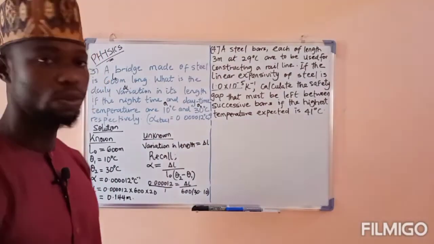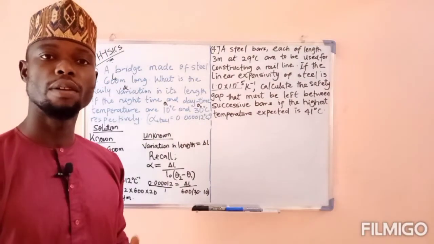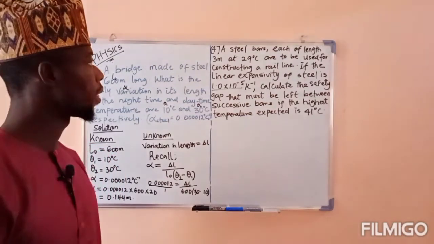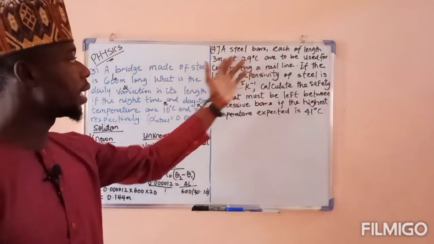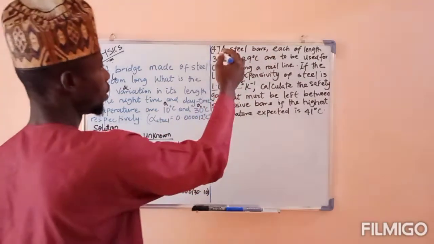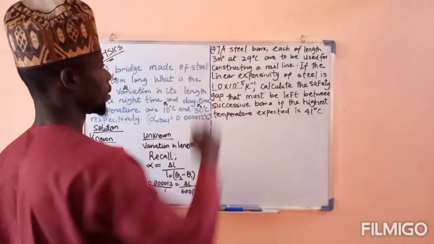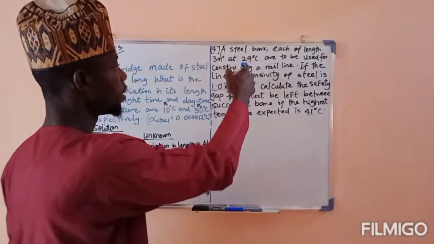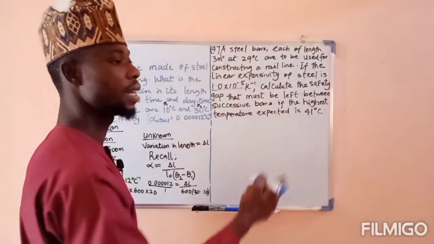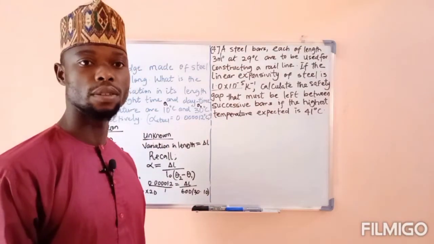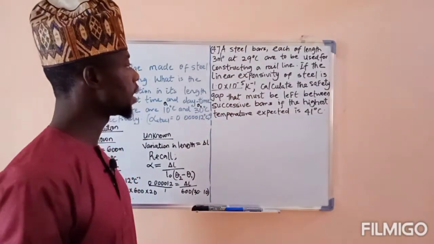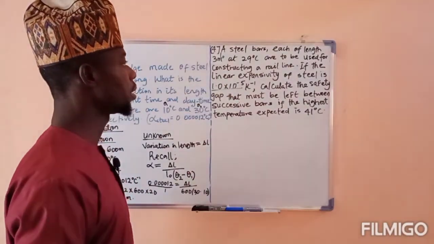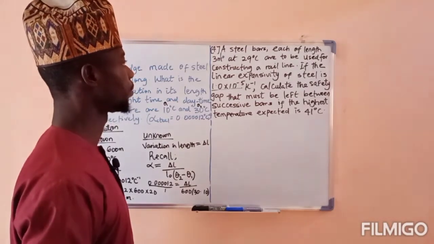Like I normally do, I'll identify what? My parameters. What are the parameters here? Steel bars, each of the length 3 meter, here will be my what? Original length. At this temperature, here is the temperature before it is heated by the sun, heat from the sun, maybe during the day.